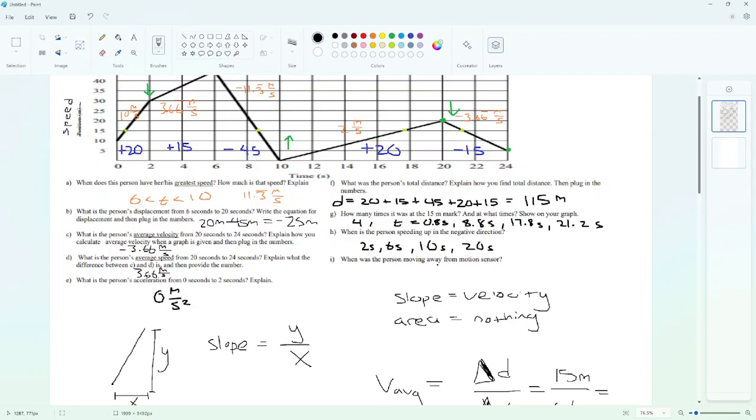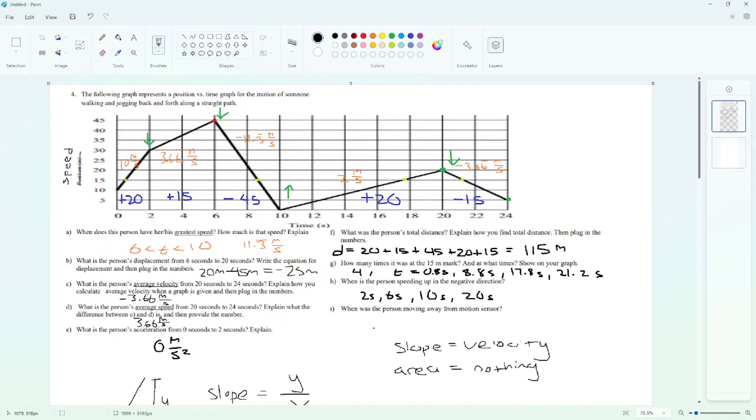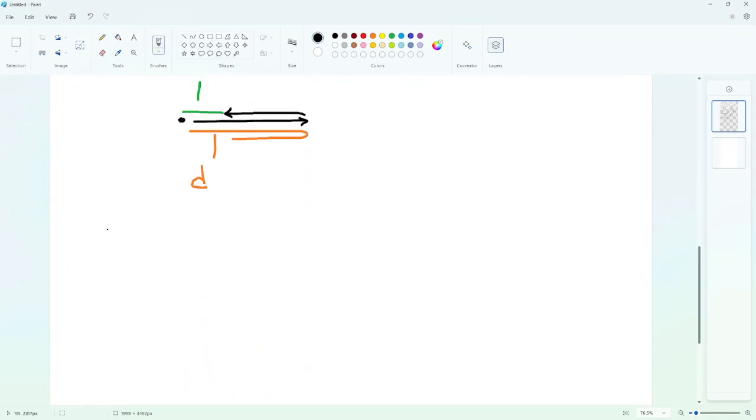When was the person moving away from the motion sensor? Okay, so assuming that this motion sensor is working the way I'm predicting, which is that we have a motion sensor here, and this person is here, the distance that it's outputting is going to be this distance right here. If it works this way, then if we're looking for when they're moving away from the sensor, so when they're moving this way, then the distance is increasing.